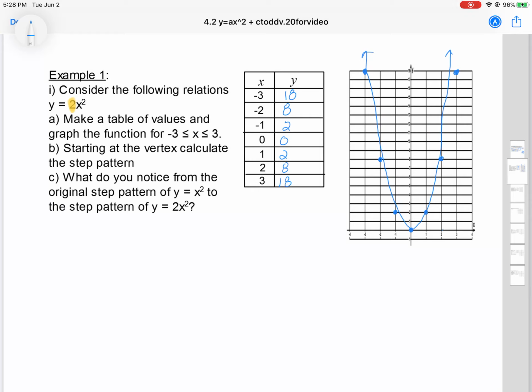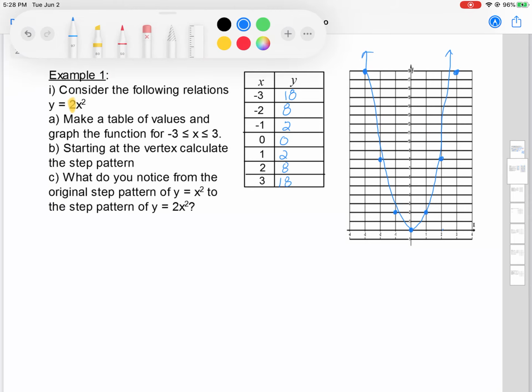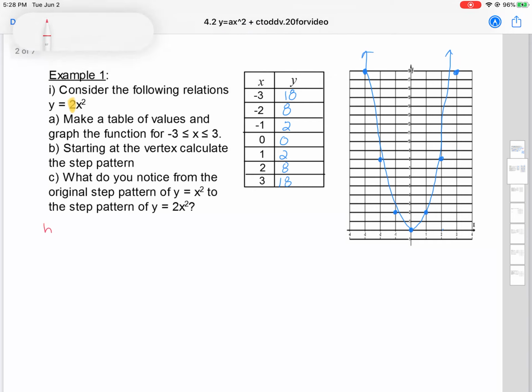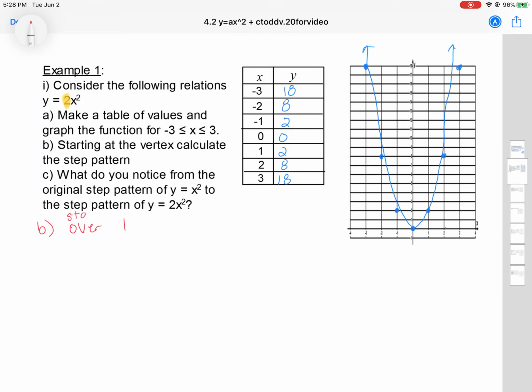Okay, now it says to calculate the step pattern. When you do that, you always go over 1, starting at the vertex. It doesn't matter because it is symmetrical. You can go left or you can go right, and you should get the same thing. You can see that here. If we go over this way 1 and up 2, that would be the same thing here. You can see the symmetry.